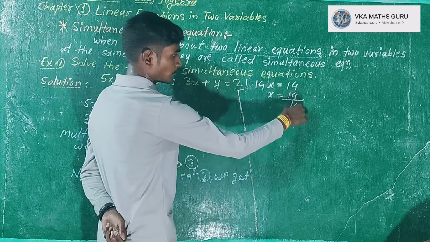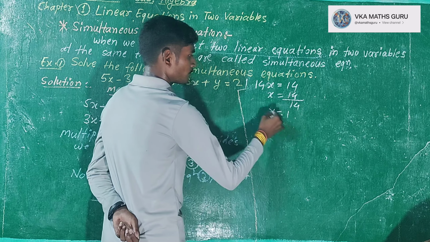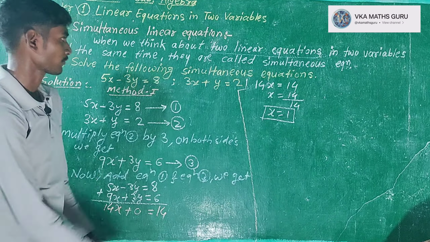So x is equal to 14 divided by 14, that is 14 ones are 14. We will get the value of x is 1.